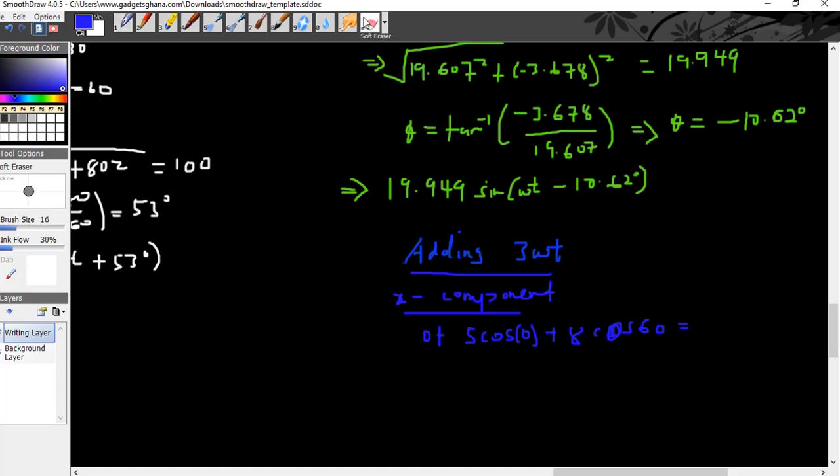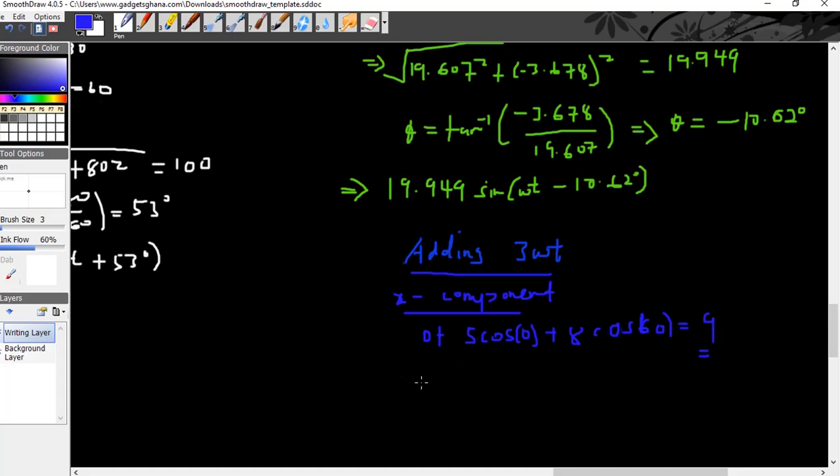So when you compute the entire of this, 0 plus 5 cos 0 plus 8 cos 60, you end up with 9. Okay, this will be your value for this expression.